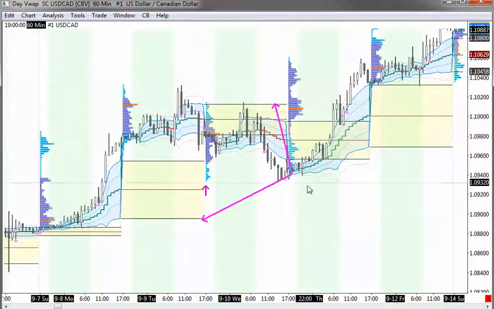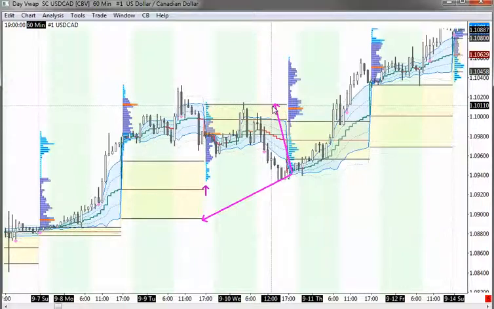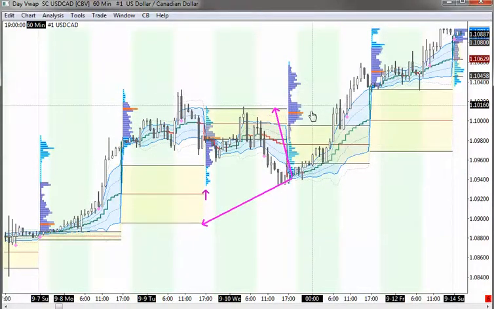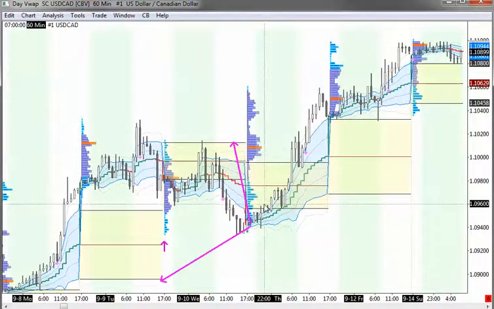Now, the way we would read that is if it was going to come down here, then we would need to see initiative selling, and initiative selling would be selling below the value area lows. If it was going to come up to this value area high, then it would be initiative buying, and initiative buying is buying above the developing value area high.